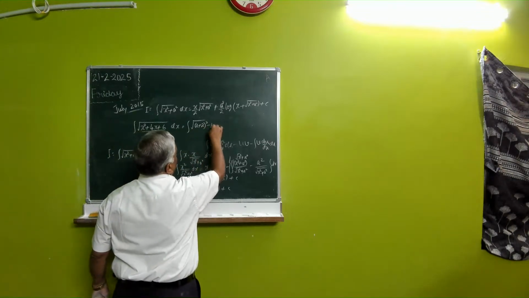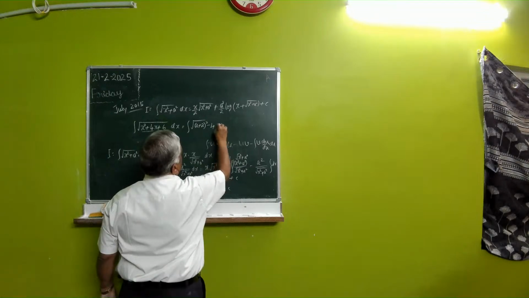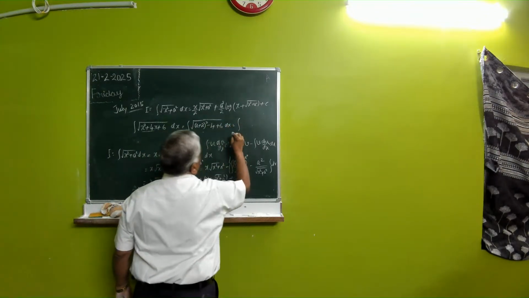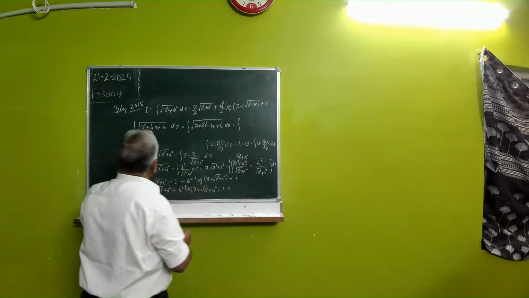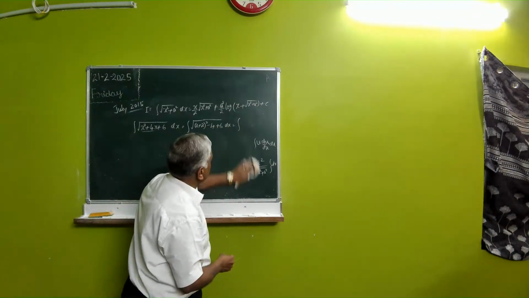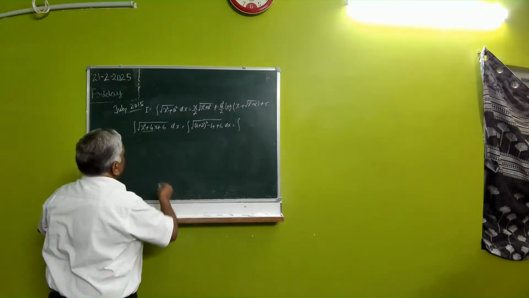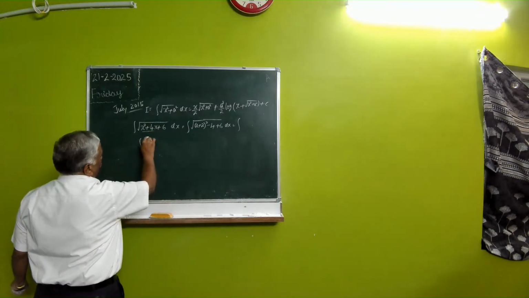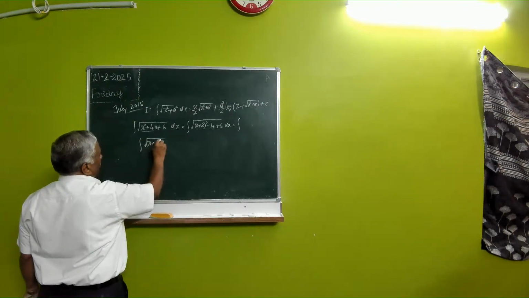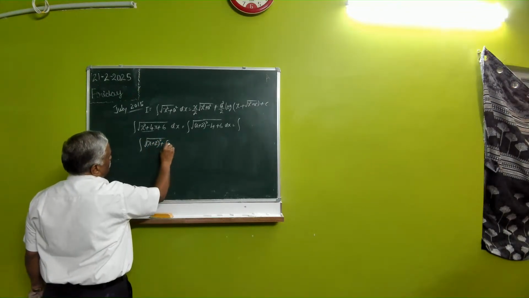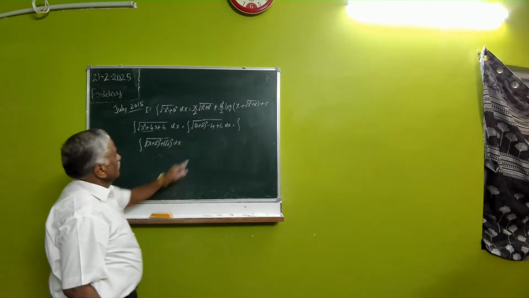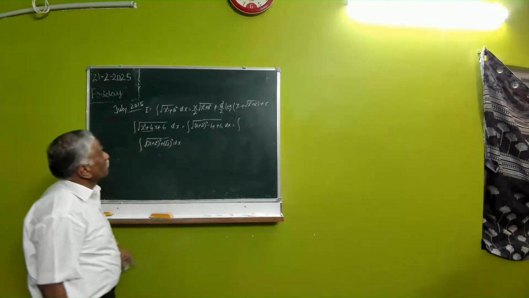That 4 you subtract. Then write that 6 inside the root. Finally how much do you get? Plus 2. So I can write that as integral of root of x plus 2 whole square plus root 2 square dx. Because minus 4 plus 6 is 2.